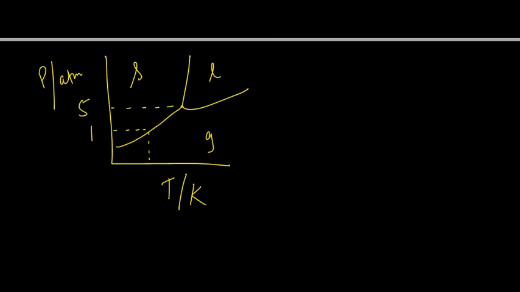According to this, at 1 atmosphere it should be solid carbon dioxide. Depends on the temperature. Whatever, at 1 atmosphere, depending on the temperature, it will have a solid to gas phase transition.